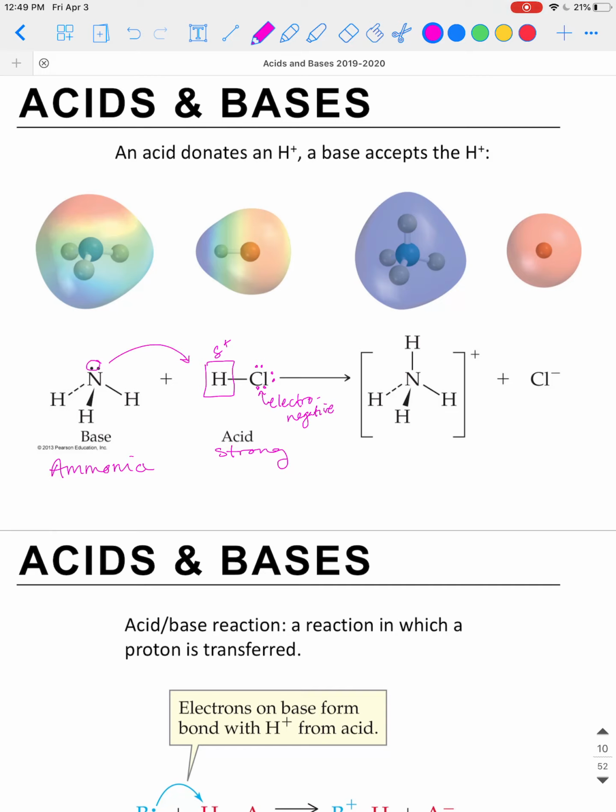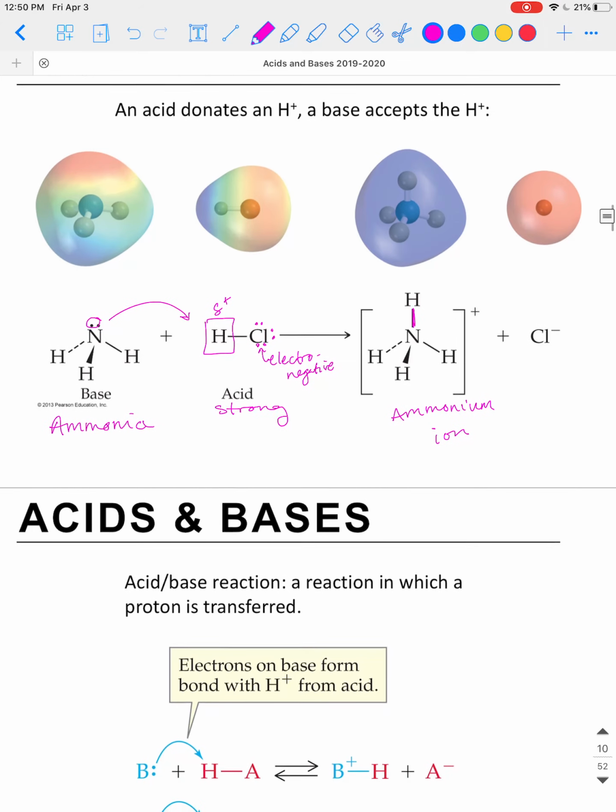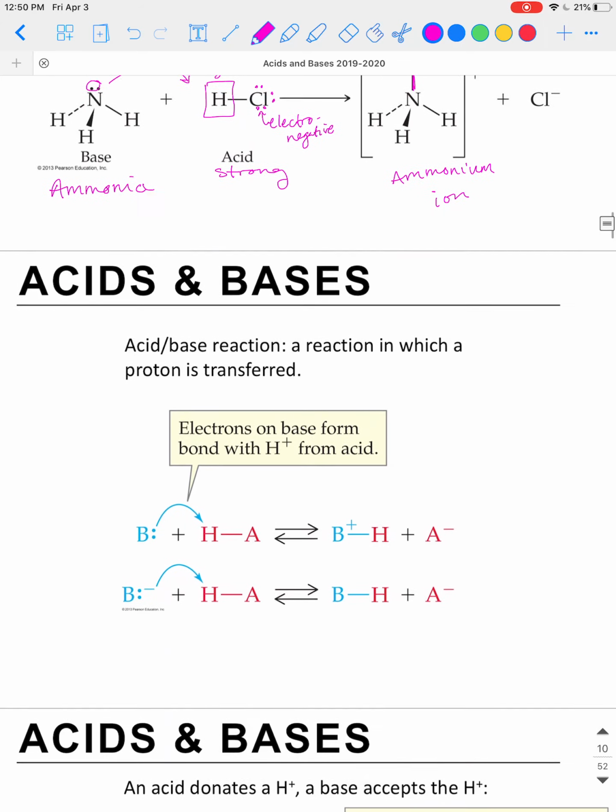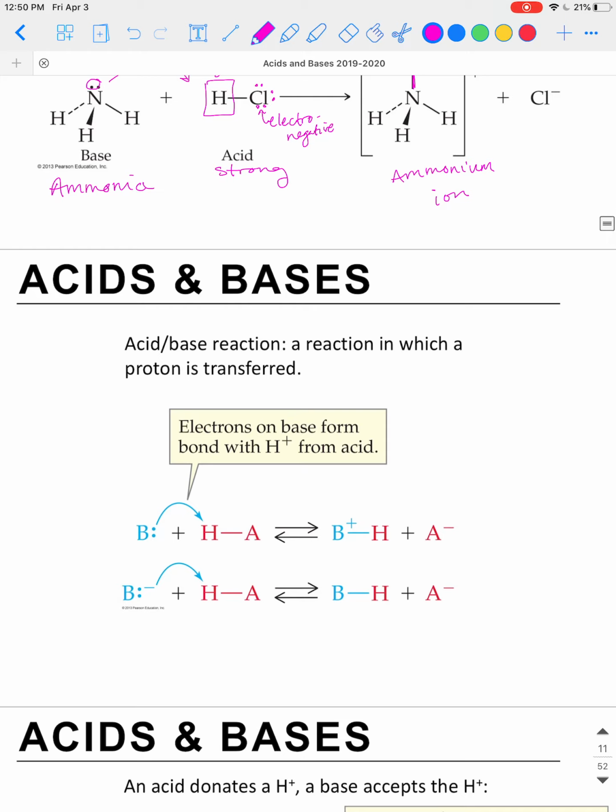So this is going to be our partially polarized hydrogen. And the lone pair on nitrogen is going to grab that hydrogen, form a bond. And now we have, again, ammonium. And what's left over from the acid is just the chloride anion, okay? That's an acid-base reaction, that's it.